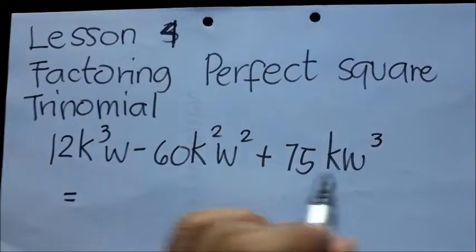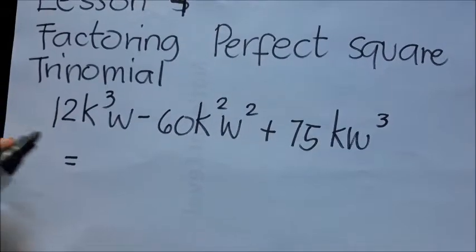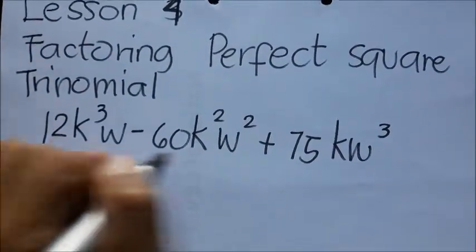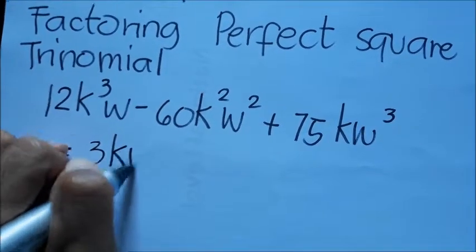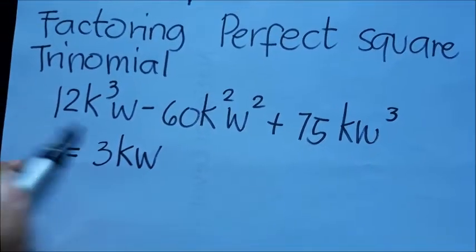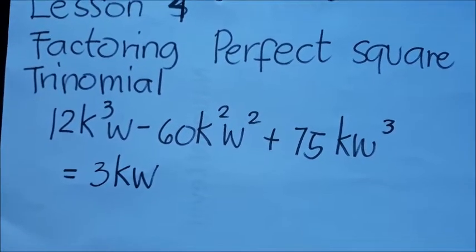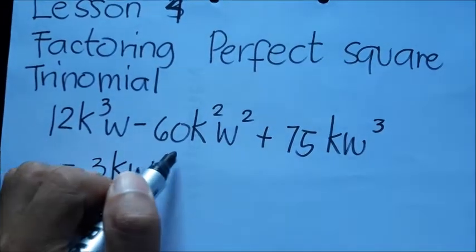So using greatest common monomial factor, we can conclude that one by one, pag kinuha natin yung greatest common monomial factor, ang common monomial factor nila is 3kw. Paano nakuha yon? Isa-isa, babalik ka doon sa greatest common monomial factor method. Tapos makukuha mo ang 3kw.